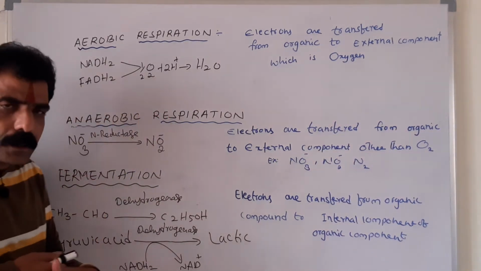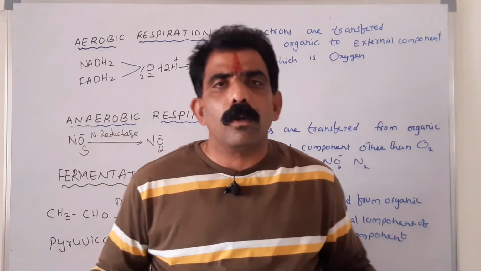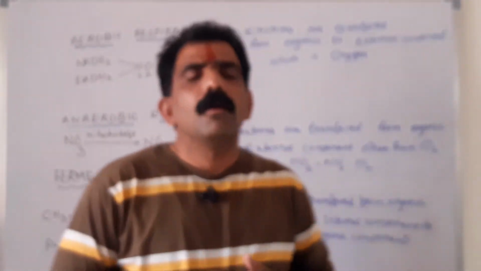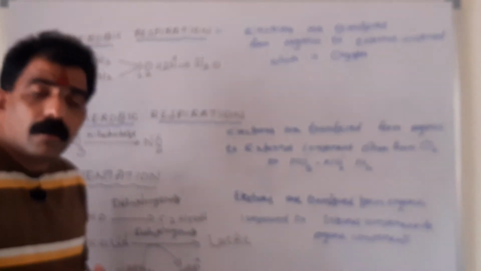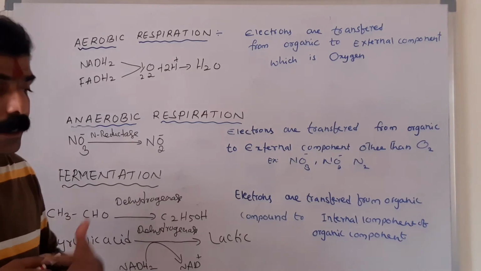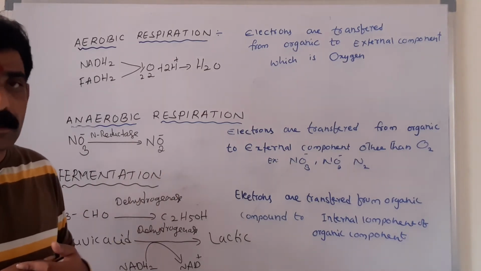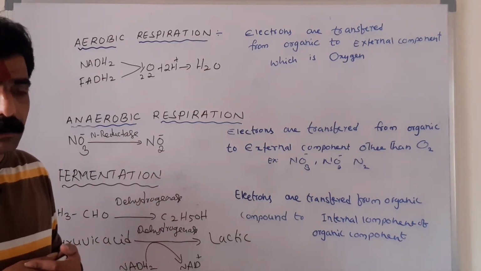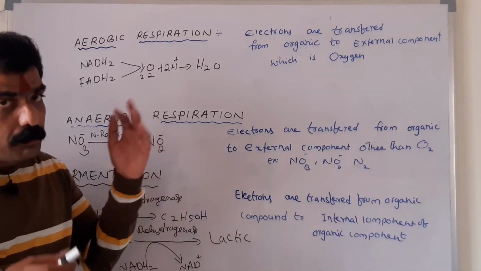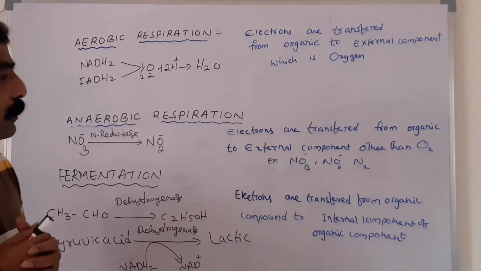In anaerobic respiration, we come across only glycolysis. In glycolysis, NADH2 is formed where glyceraldehyde 3-phosphate undergoes oxidation resulting in the formation of NADH2. So electrons come from glyceraldehyde 3-phosphate, which is organic.